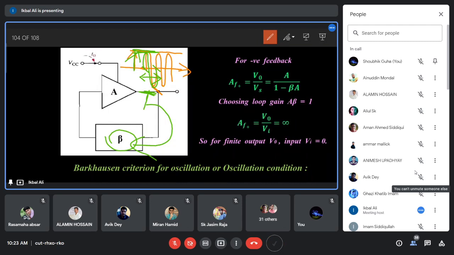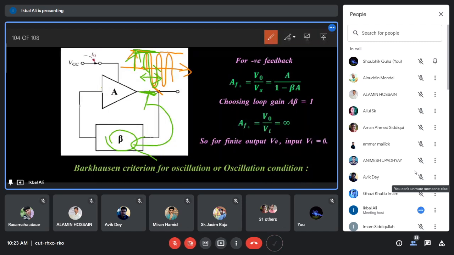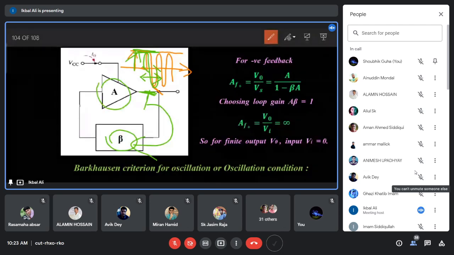Amplitude depends on the amplifier, and you have to find the nonlinear gain of the amplifier. Then you have to solve the differential equation. That differential equation is not easy to solve. If you solve it, then you will get the actual amplitude. So we will discard that one. The amplitude part we will not discuss in this class. The frequency part, that means how much frequency will be generated by the signal, we will discuss.